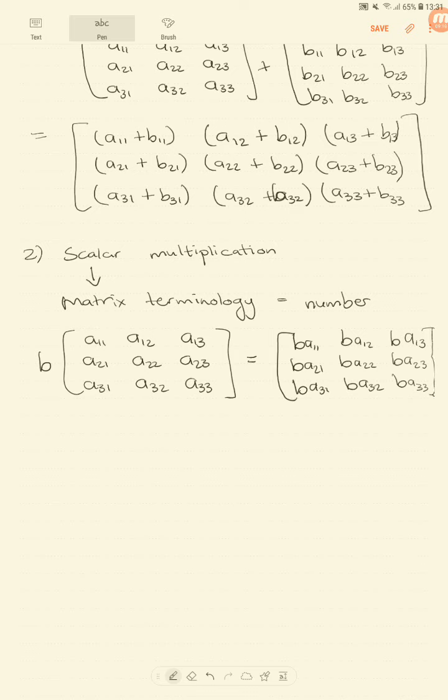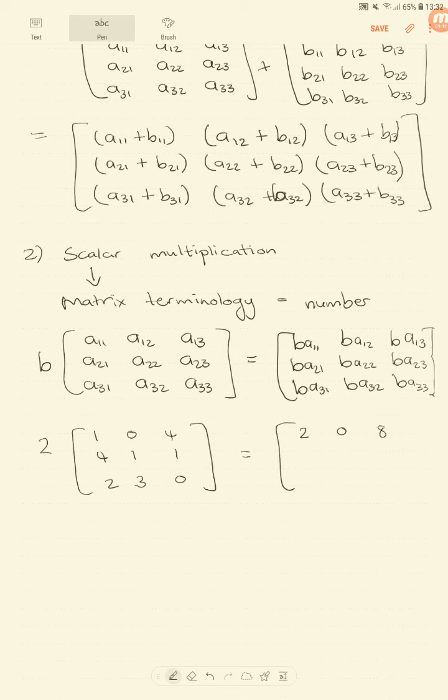If we do a numeric example, for example, a scalar 2 times the matrix 1, 0, 4, 4, 1, 1, 2, 3, 0. Multiplying the scalar with this would be 2 times 1 is 2, 2 times 0 is 0, 2 times 4 is 8.